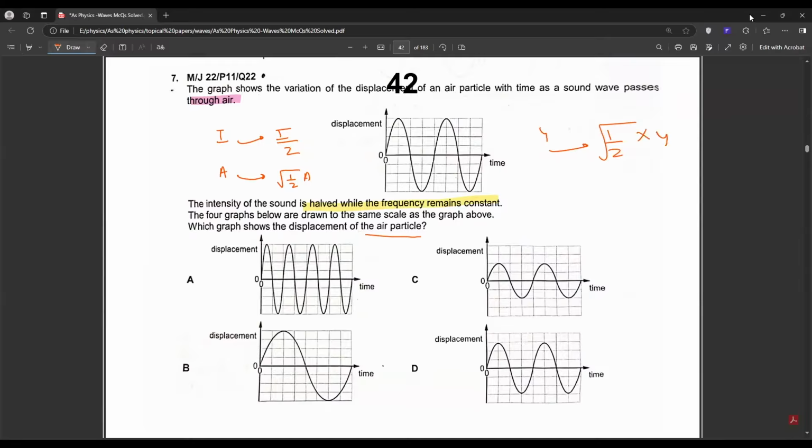This comes out to be 2.82. Amplitude will now be 2.82, or roughly close to 3 boxes, and the frequency will remain the same. I will cancel out option A and option B, because in these options the frequency is changing. Any options where your amplitude is close to 3 boxes? Yes, D is your answer.